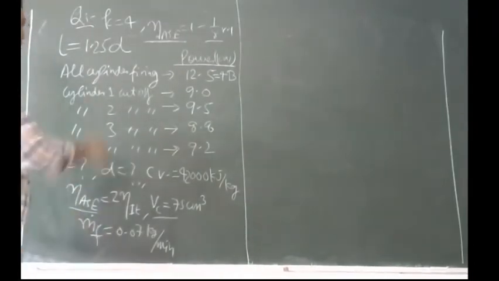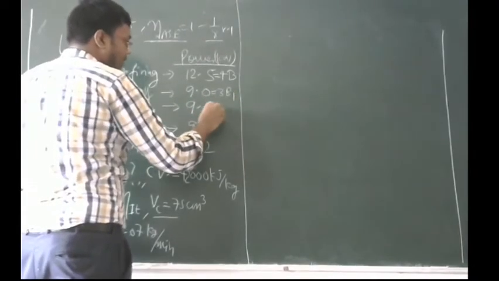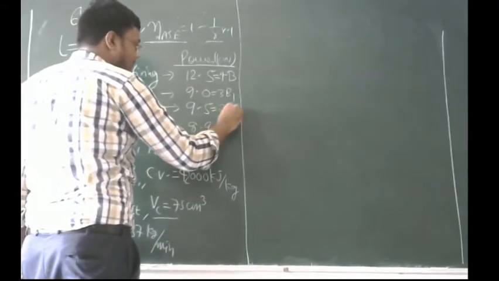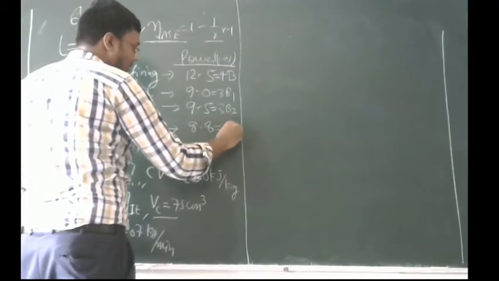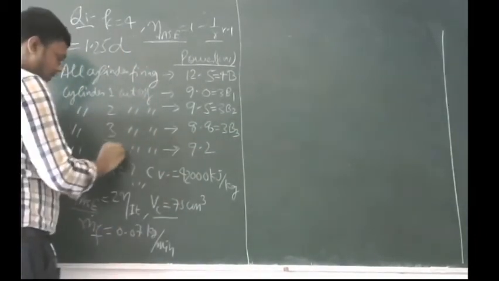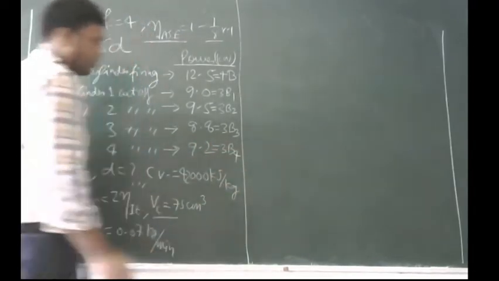When the first cylinder is cut off, this is the value of 3B1. When the second cylinder is cut off, this is the value of 3B2. For the third, this is the value of 3B3, and for the fourth cylinder, this is the value of 3B4.